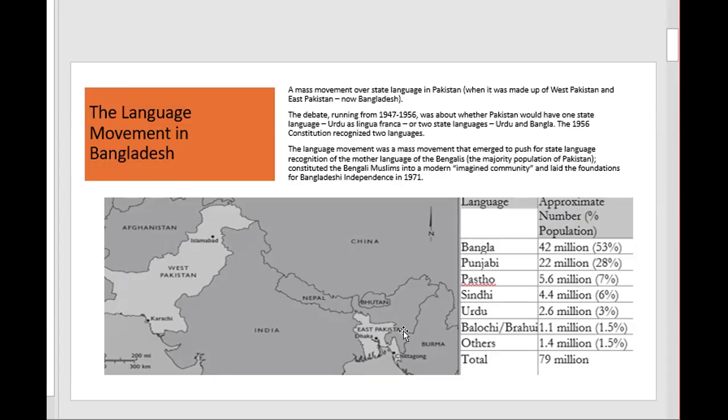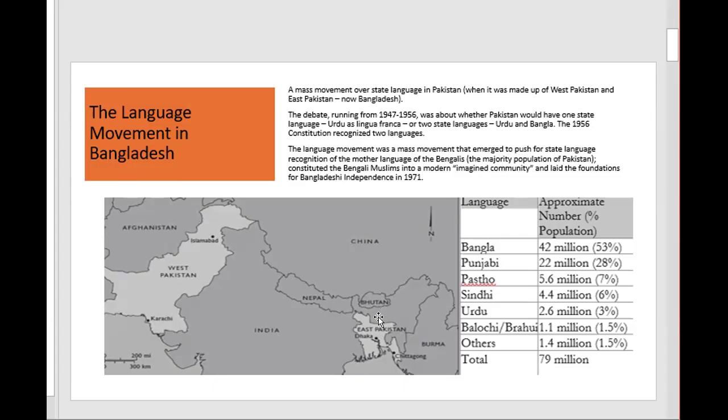But in that process, as I say here, it was a mass movement that emerged to push for state language recognition of the mother language of the Bengalis, which is the majority population, and constituted the Bengali Muslims into a modern imagined community and laid the foundations of Bangladeshi independence in 1971.